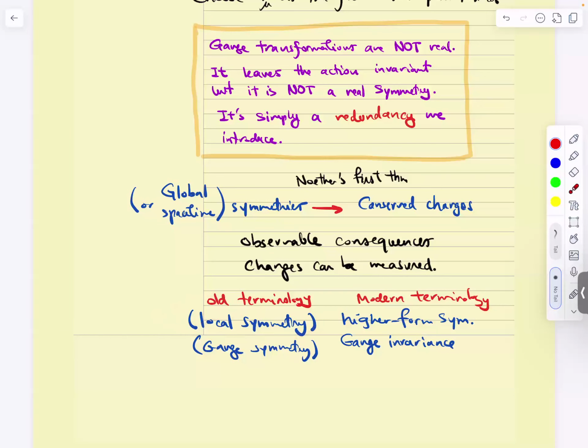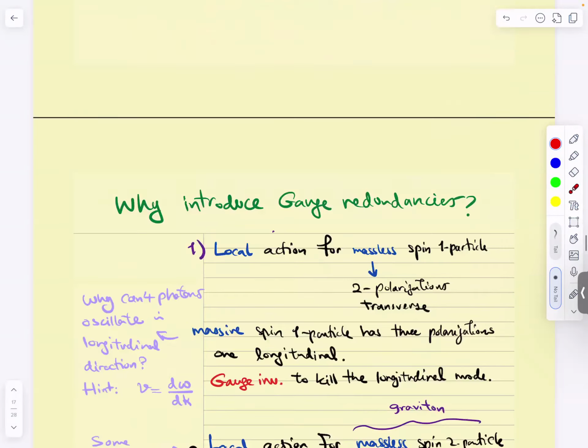That local symmetry will give you some conservation laws that are called Ward identities, right? These are not conservation laws. These are equations that must hold to make sure that you have killed all the unphysical degrees of freedom. All right.